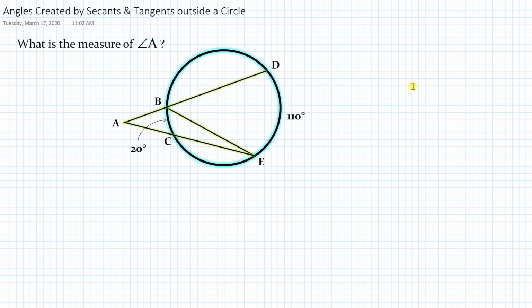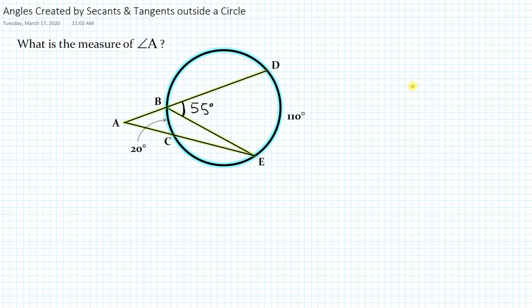Okay, so if you look closely, what can you say about the measure of angle DBE? Well, angle DBE is an inscribed angle, which is always half of its intercepted arc. So if arc DE is 110, then the measure of angle DBE has to be 55 degrees, okay?